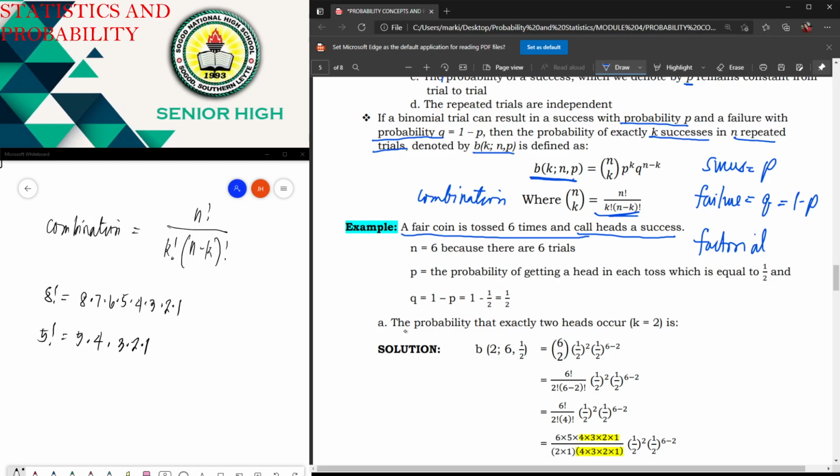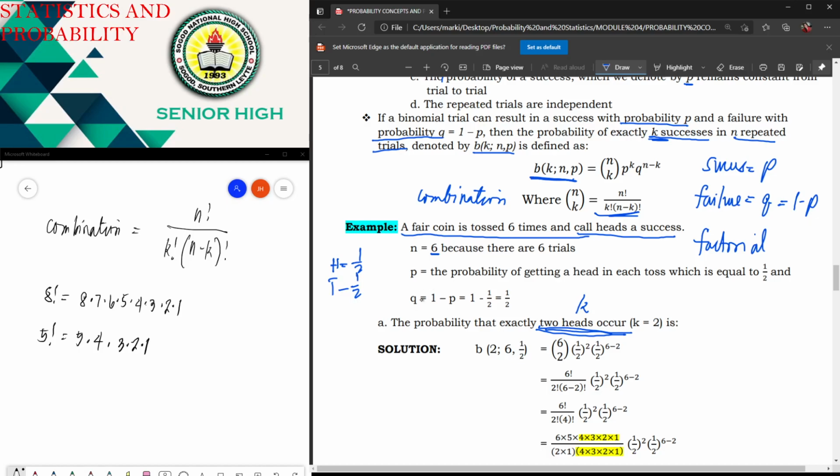Letter A: the probability that exactly 2 heads occur. There is an exact number, that is the k successes. This is the clue for our k. Our n is how many times you toss the coin, so we have 6. Since we're talking about a coin, we have the head and the tail, so p is 1/2 or 50-50, because there are two outcomes.